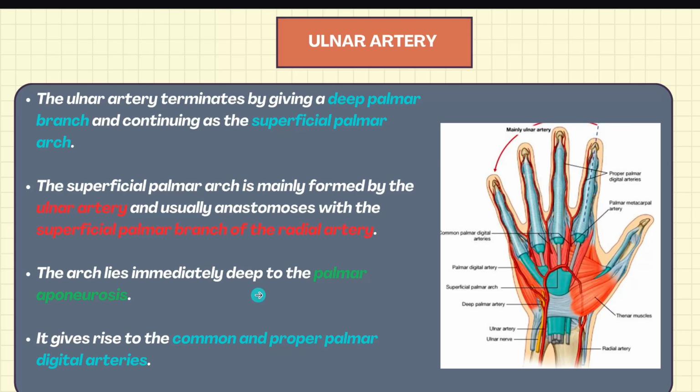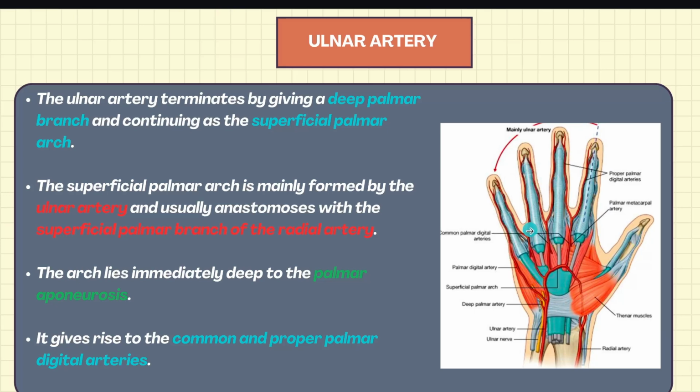Now the superficial palmar arch is mainly formed by the ulnar artery, which we just said earlier, and it's going to anastomose with the superficial palmar branch of the radial artery. So you're going to have another anastomosis, one deep one and one superficial one. Now this superficial palmar arch is going to give rise to two important arteries. If you follow it over here, it's going to make a lot more sense.